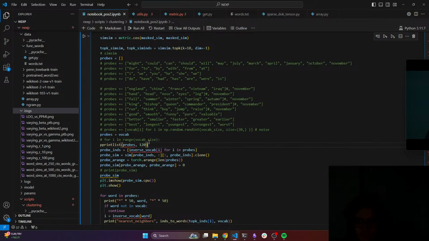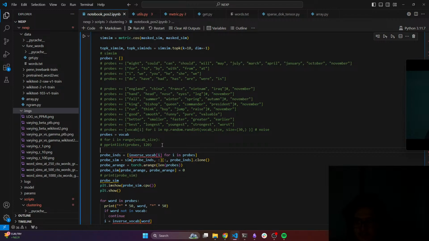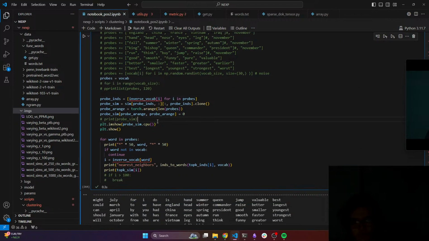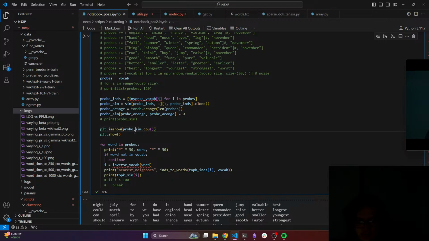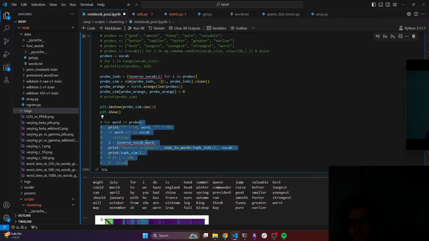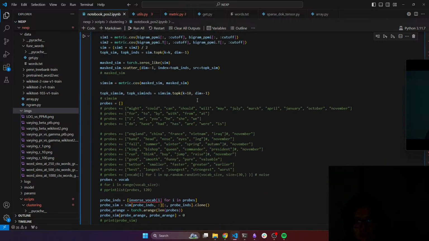Now, what does it do? I don't want to print the entire vocab. So this is just the similarity of the first supposed cluster, then the second supposed cluster, which is not so cluster-like. And they are all self-similar.